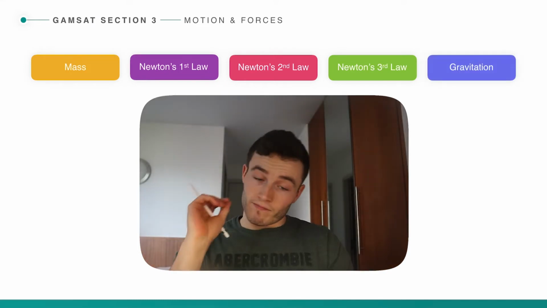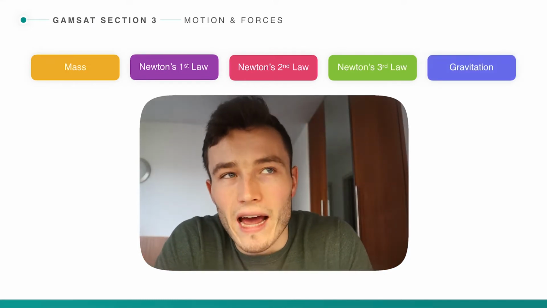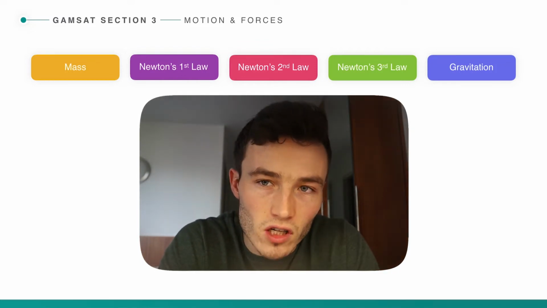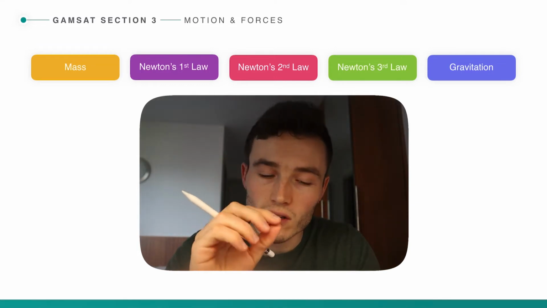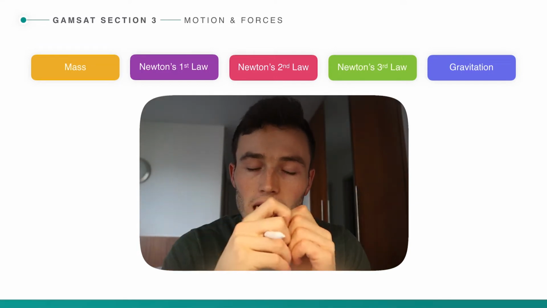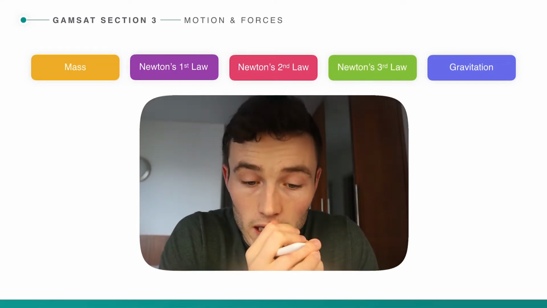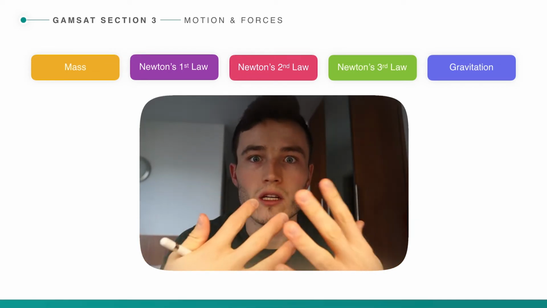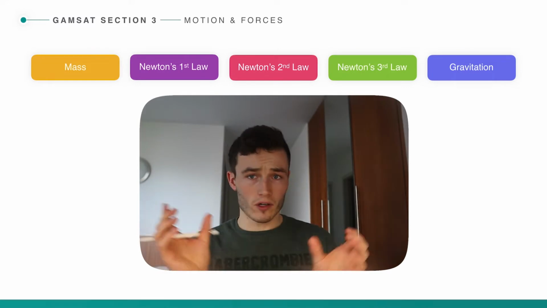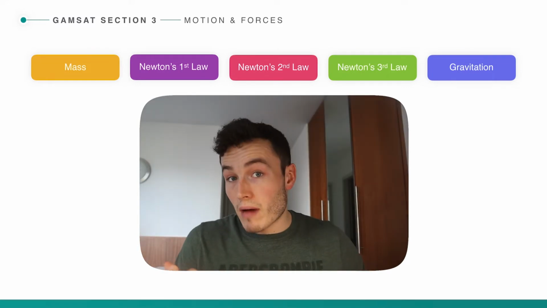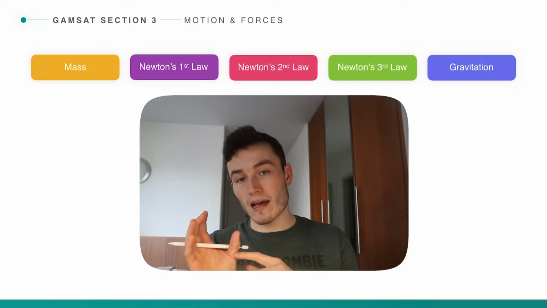Newton's law of gravitation. Gravitation is really, really important. There's an equation: F is equal to G times the two masses that might be interacting, divided by the square of the radius between them. The idea here is that Earth, for example, exerts a force on matter that is proportional to the mass of that matter.